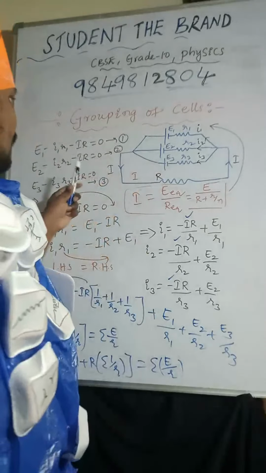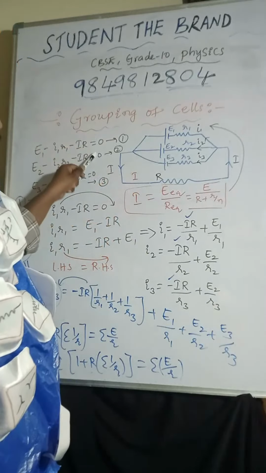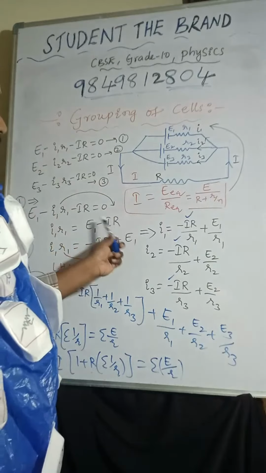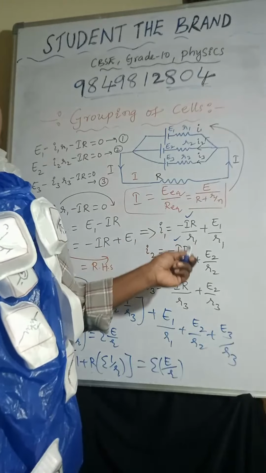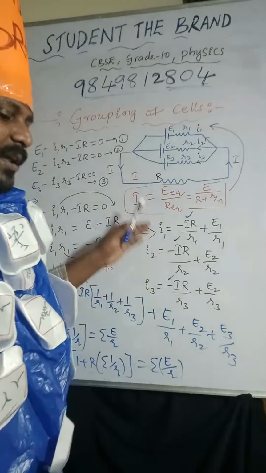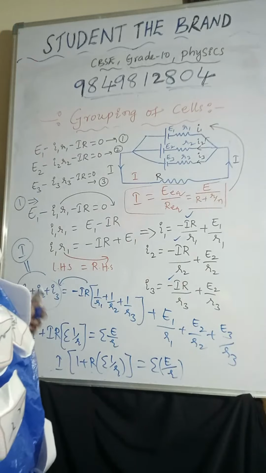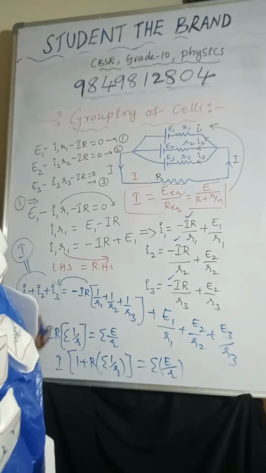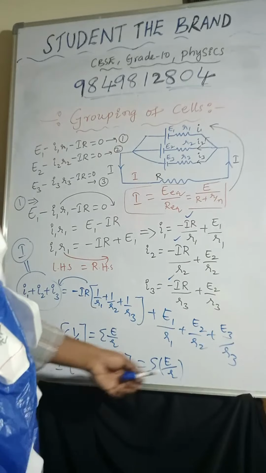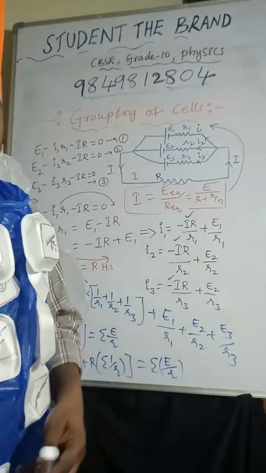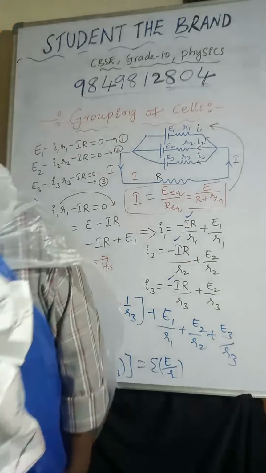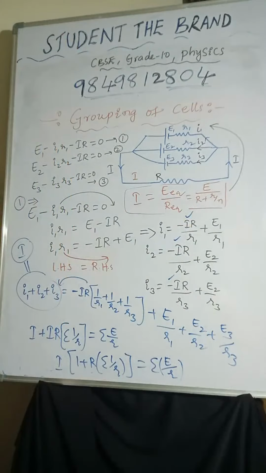So we write 1, 2, 3, take the IR terms out, write the I1 values, then add all LHS and RHS. Take this term to that side, take I common, and you'll get the final answer.